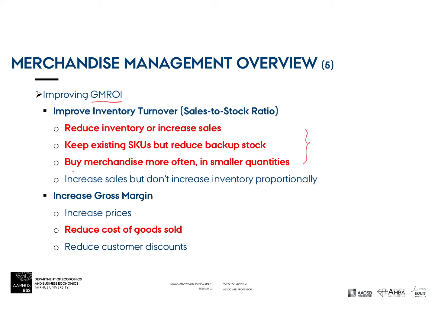And increase gross margin, so increase prices, reduce cost of goods sold, and reduce customer discounts. In this course, you can think about how to reduce cost of goods sold. All the costs may be related to the logistics process.